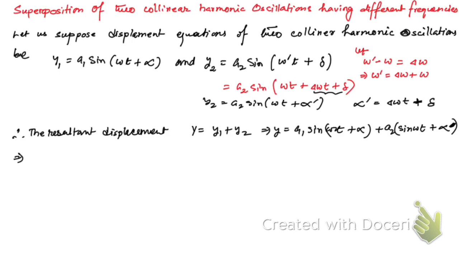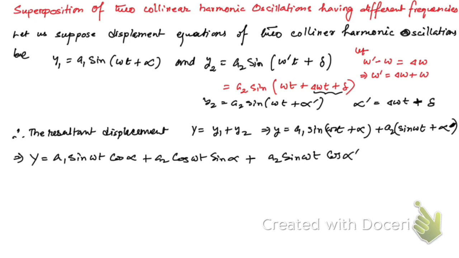If we use the trigonometric identity for sin(A + B), we get a1 sin ωt cos α + a1 cos ωt sin α + a2 sin ωt cos α' + a2 cos ωt sin α'.